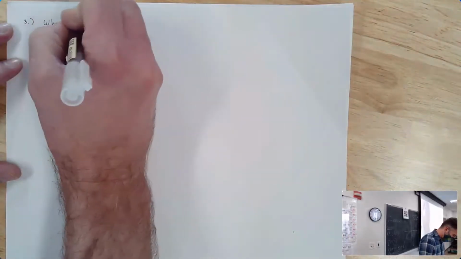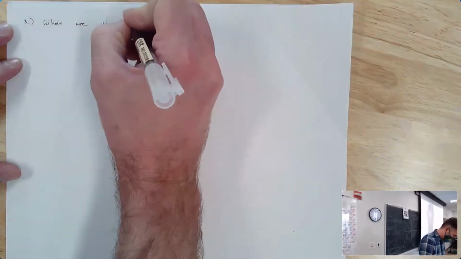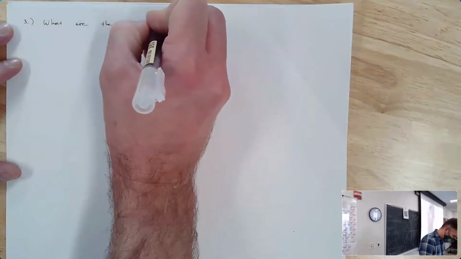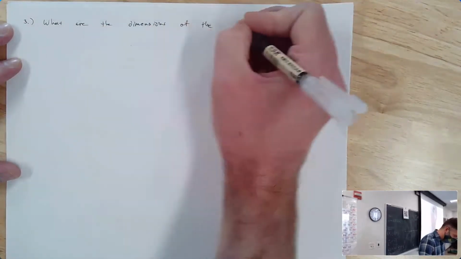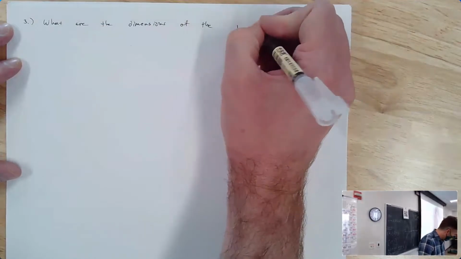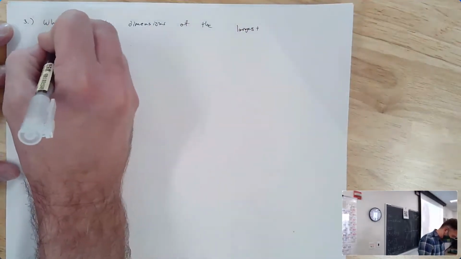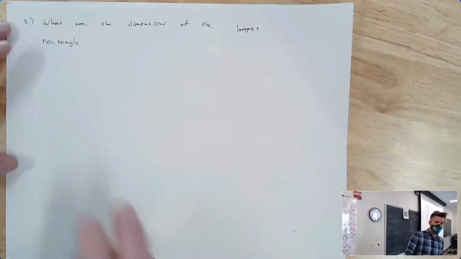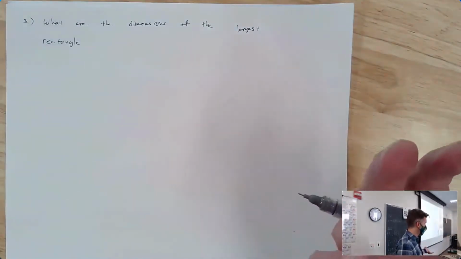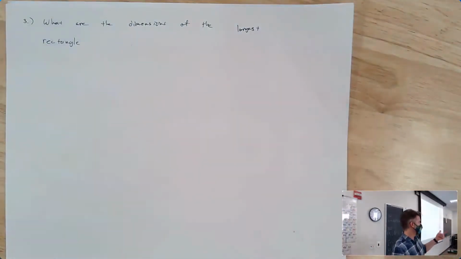What are the dimensions of the largest rectangle? So if I say largest rectangle, I mean it has the most what? Perimeter, area, or volume? Area, right?